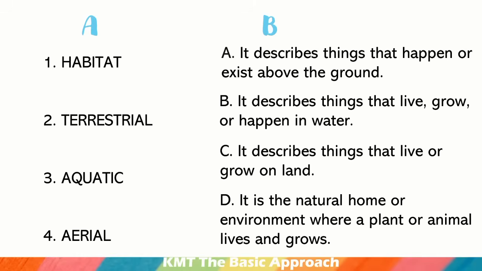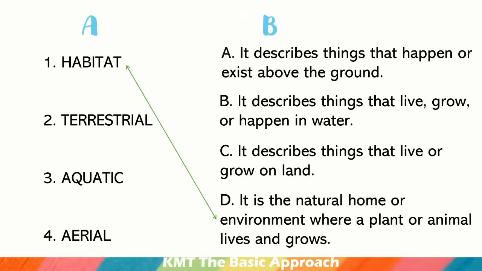Number 1. Habitat. Is it letter A, letter B, letter C, or letter D? Very good. The correct answer is letter D. It is the natural home or environment where a plant or animal lives and grows.